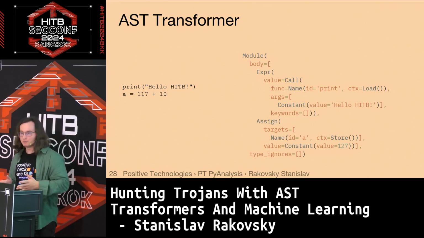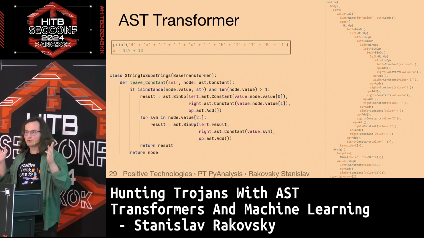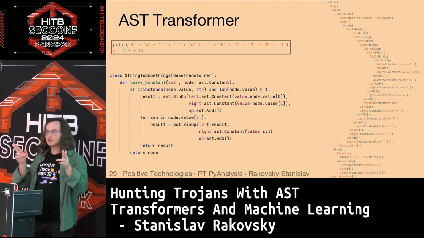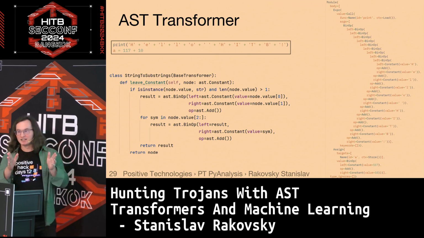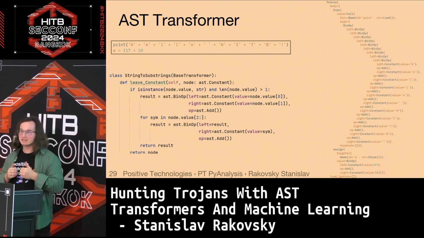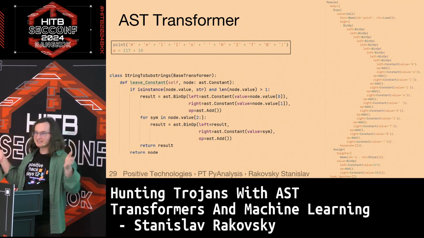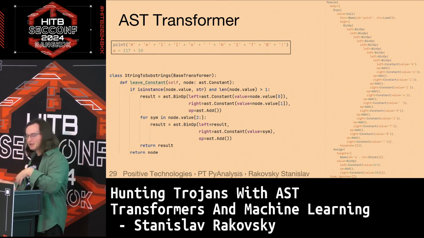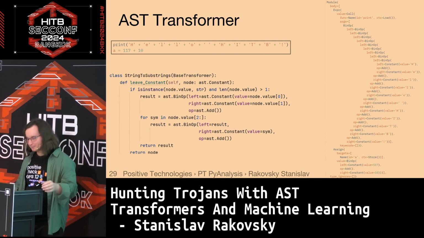Okay, what can I do? First of all, I can split it into one-length strings. It will harden the reading a bit, but for us people, it's clearly understandable that it's a sum of H-E-L-L-O, whitespace, HITB, exclamation mark.